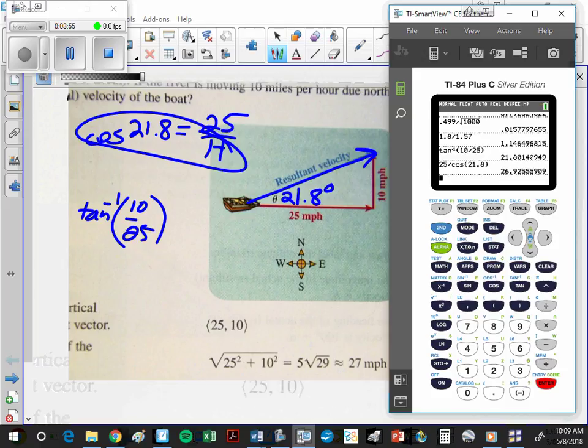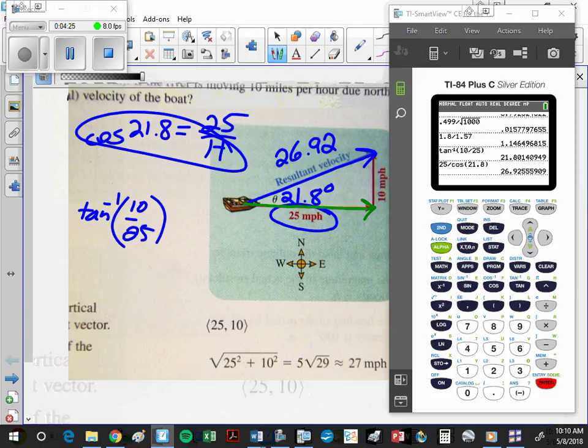And we're actually traveling at 26.92 miles per hour. Why is that? So we're traveling 25 miles per hour in that direction, which means that I will travel 25 miles in an hour.